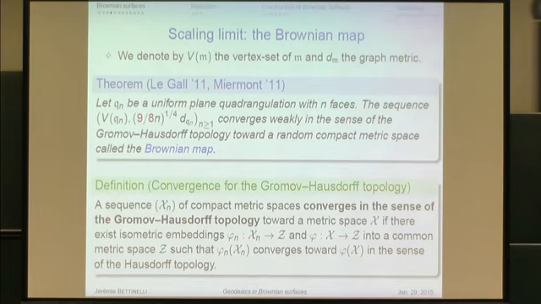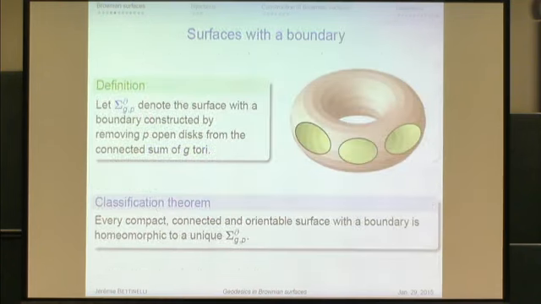So somehow the Brownian map is the first Brownian surface, and in this case the surface in question is the sphere. Recall that first I will need surfaces with a boundary. There is a well-known classification theorem telling you that it's basically just a connected sum of tori with disks removed.